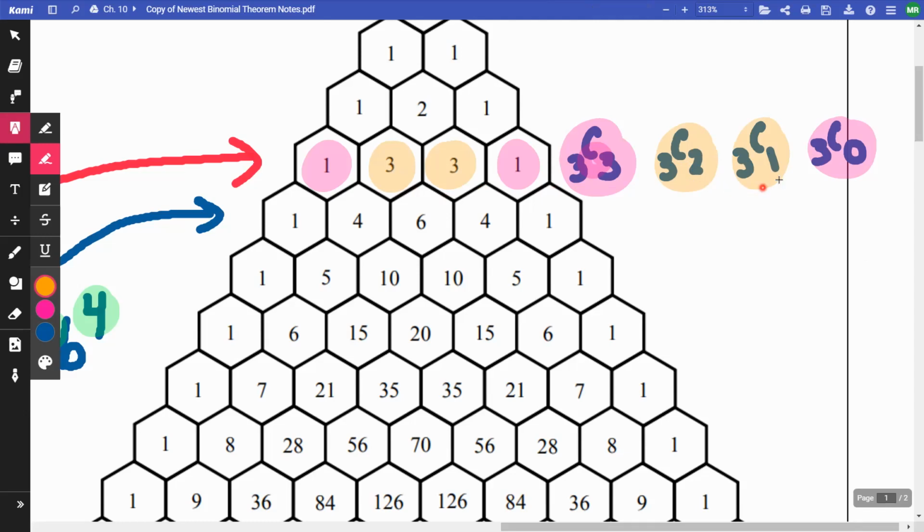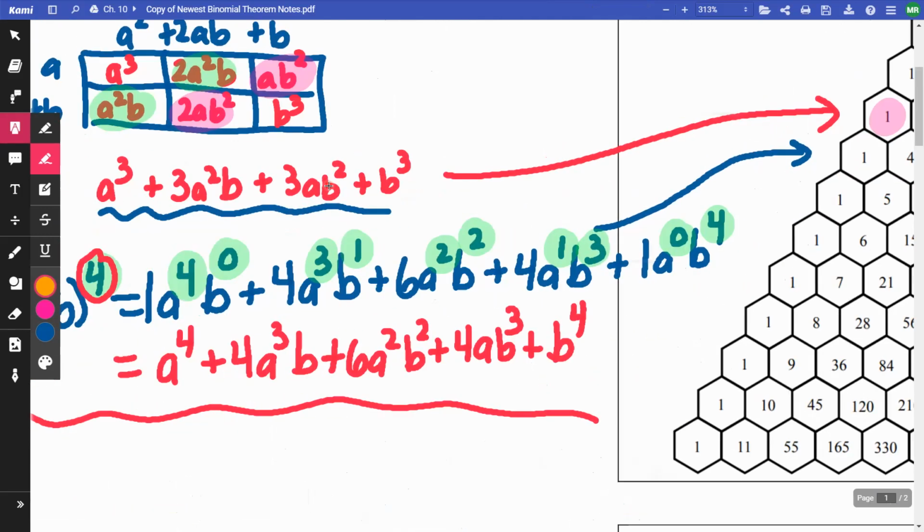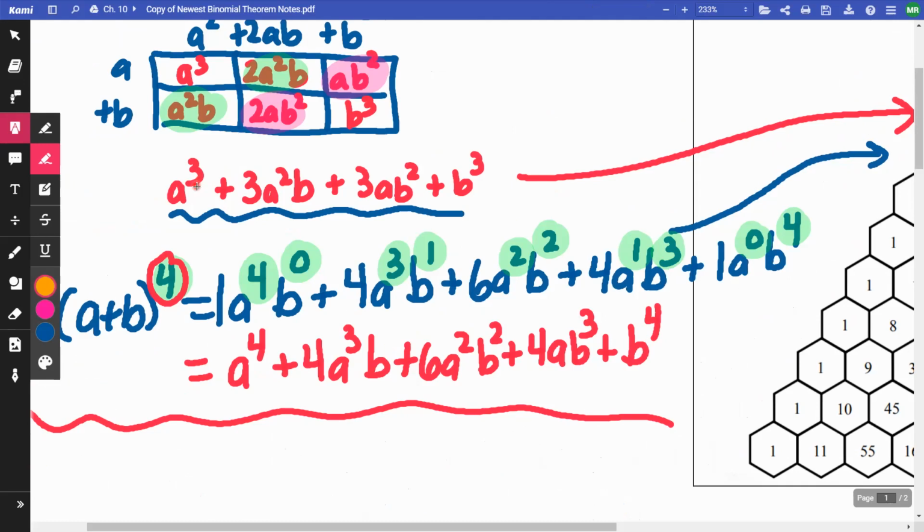Again, since 2 and 1 add up to the 3, they're going to be the same as each other. So some books will think of this as 3 choose 0, 3 choose 1, 3 choose 2, 3 choose 3. I like to start with the 3 choose 3 because that helps me when I'm trying to think about these exponents here. Okay, I match it up with the bigger exponent.